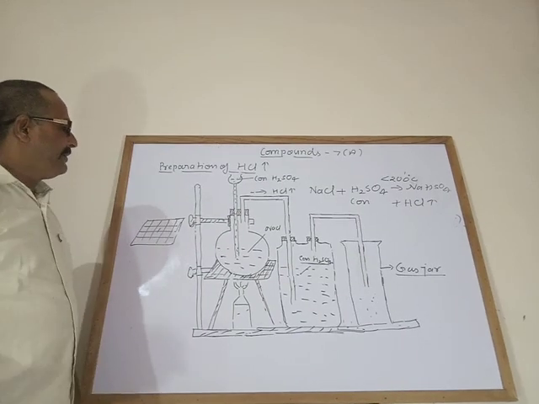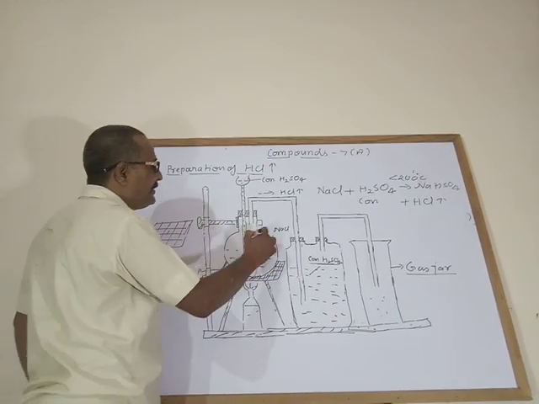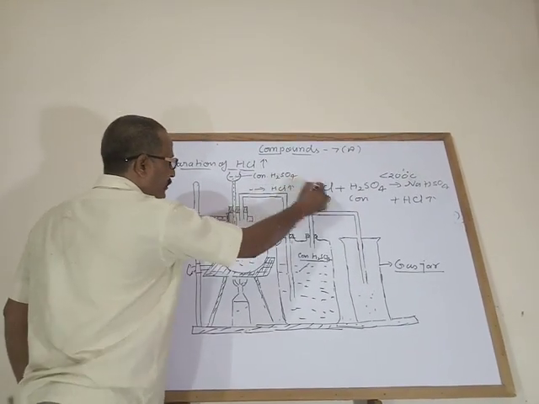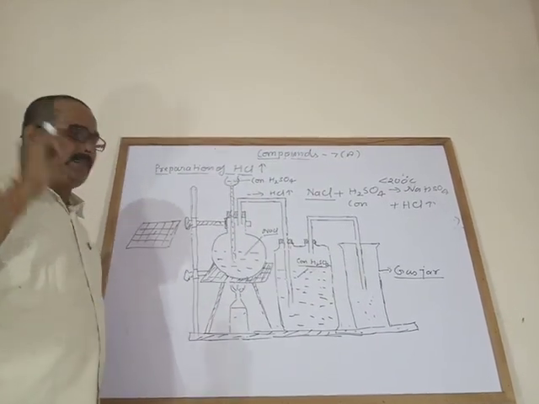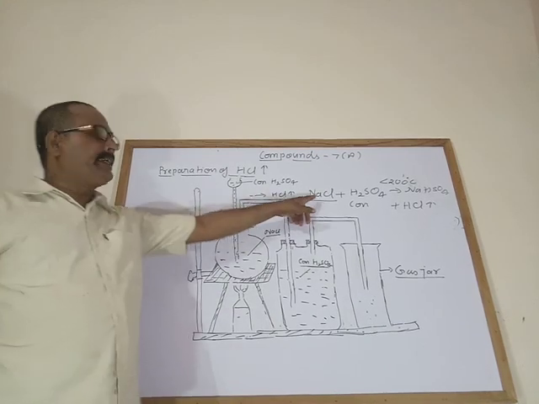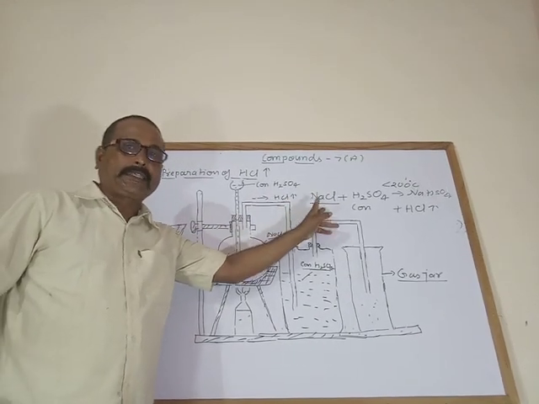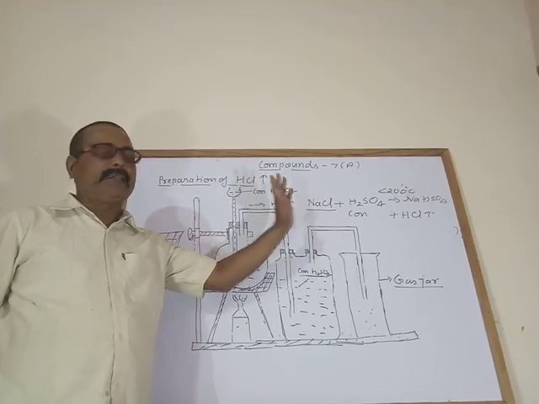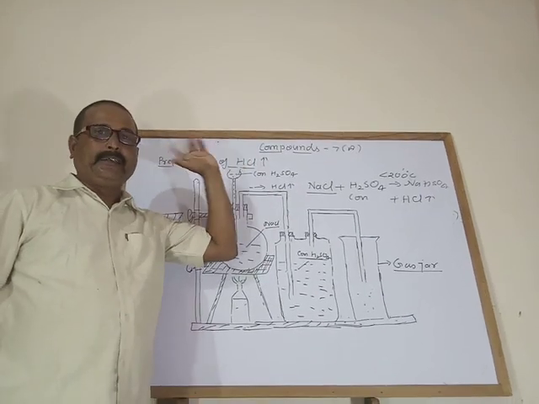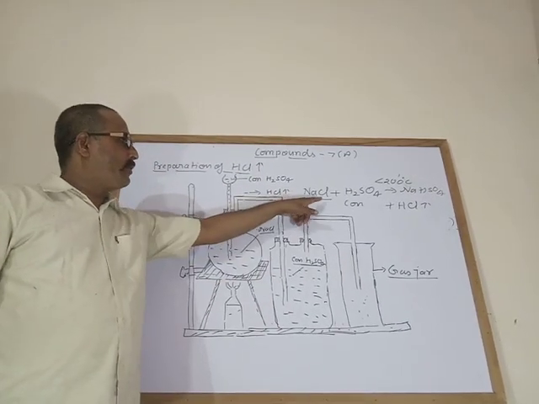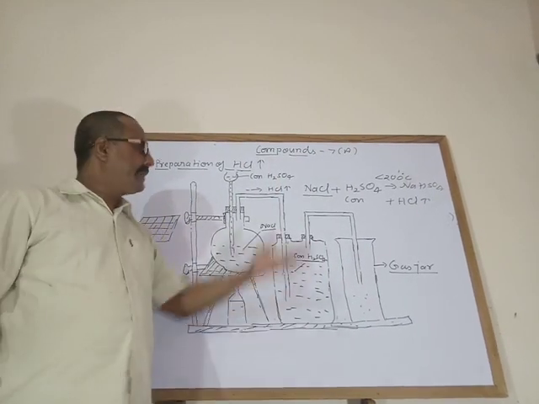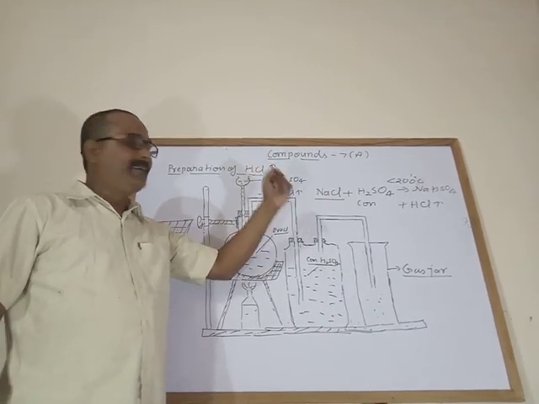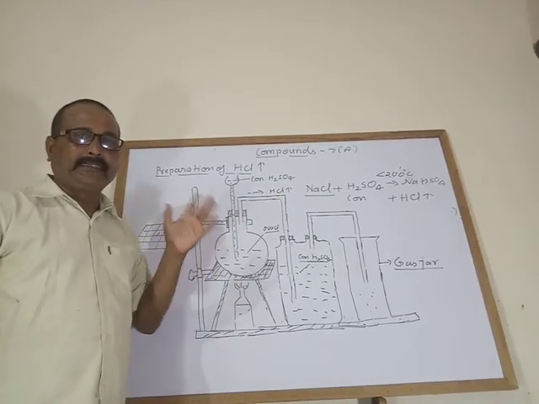In the round bottom flask we take rock salt, sodium chloride. The first question is why we take rock salt or sodium chloride as the reactant and not another salt? Because sodium chloride is cheap and easily available in the market. Anywhere you can purchase sodium chloride, but other compounds you can't get easily.